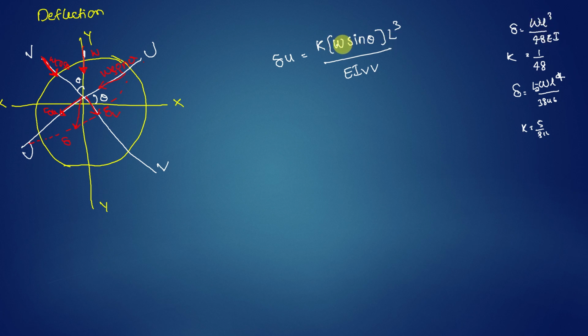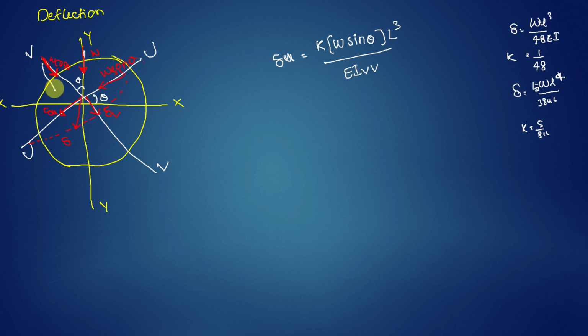So W is the load acting here. The load along U will be W sin theta into L cube, where L is the length, by E, Young's modulus, and IVV.